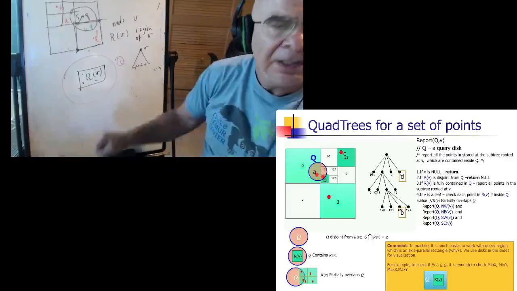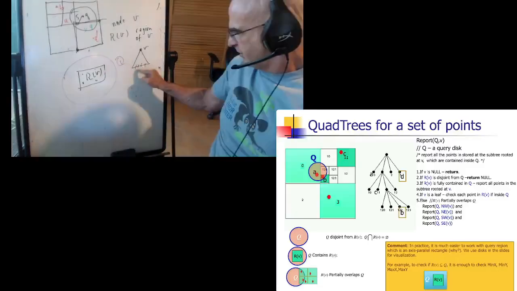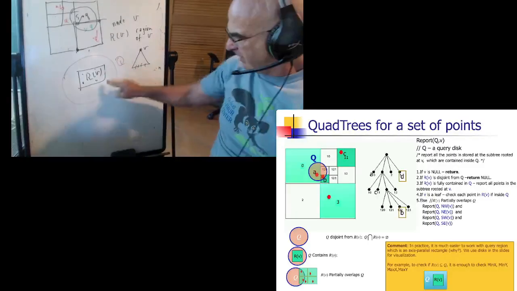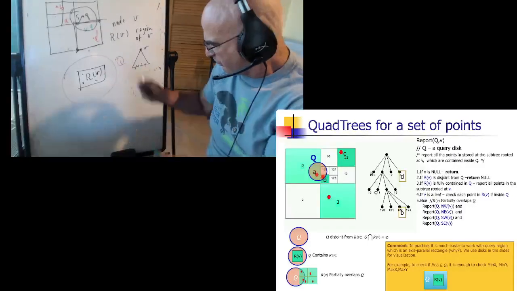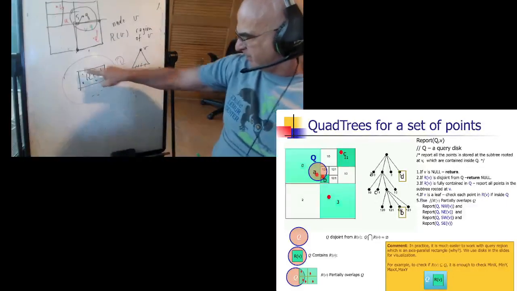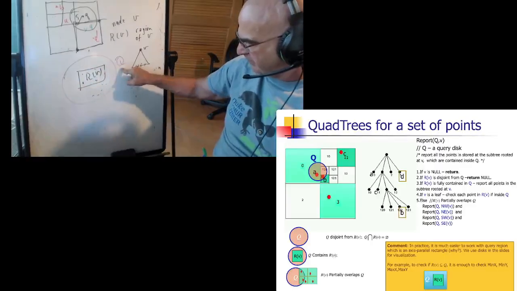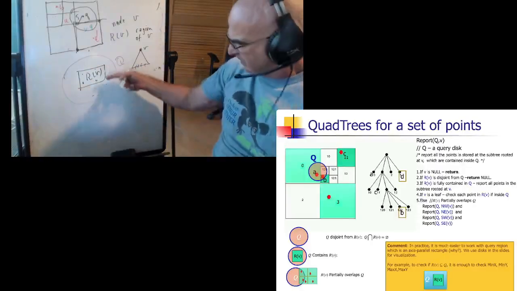So you can, at this point, just report all the points in the subtree. Maybe Q contains other data points from other pieces of the tree, but all the points in R of V, since the region of the quadrant is definitely inside the query disk, every data point is also inside the query disk.